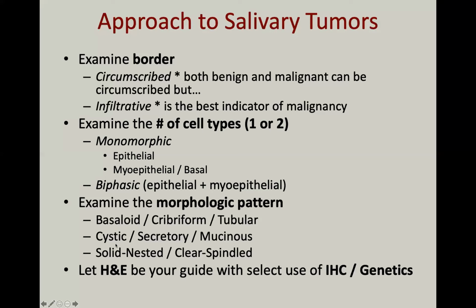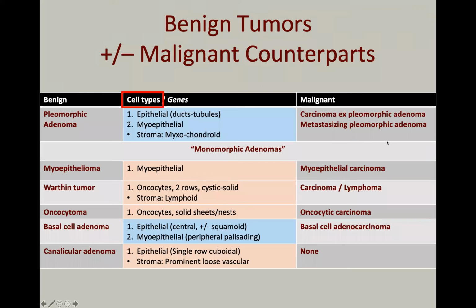Is it very cystic with secretory or mucinous material? And then is it sort of solid to nested? So all of these three features come into play to help us make a diagnosis. But of course, our standard hematoxylin and eosin stain will be our guide with select use of IHC and genetics. Questions or comments before I get into the individual tumors?